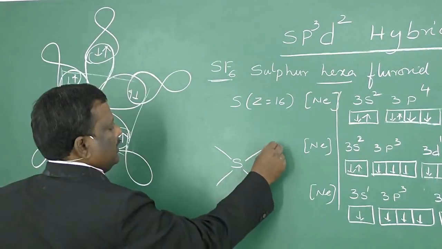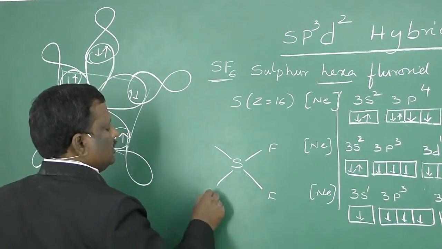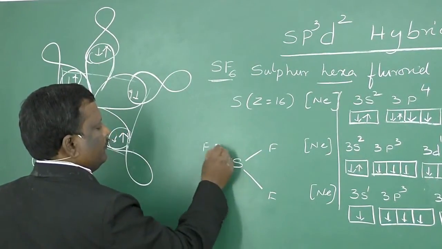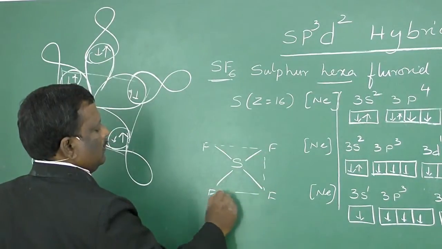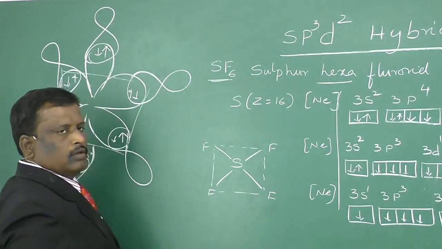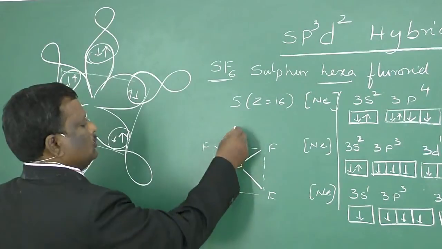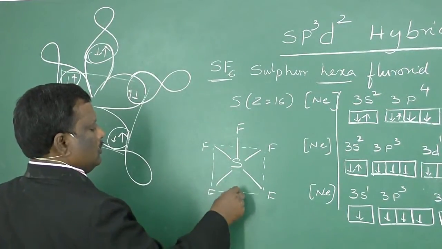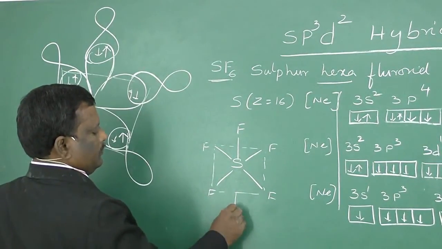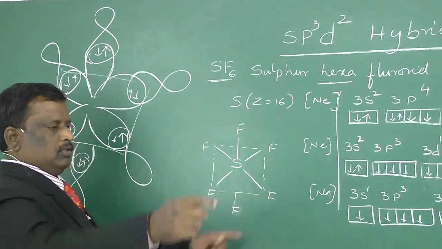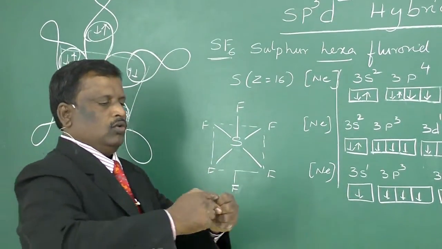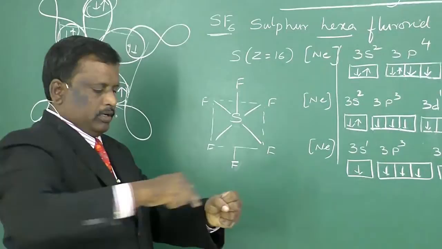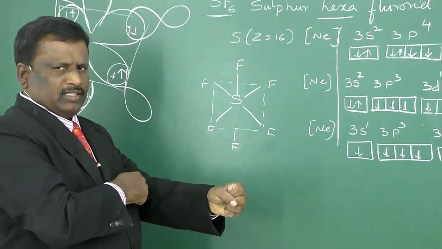4 S-F sigma bonds which are in one plane, with 90 degrees, and the other 2 are also like this. One sulfur is here, and 4 fluorines are like this in one plane.